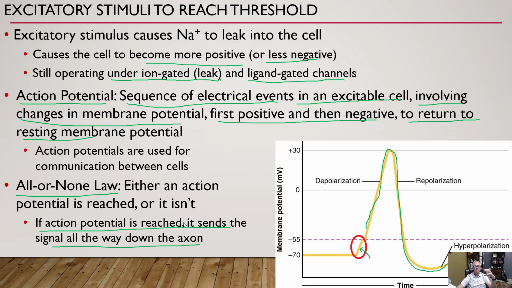Once we reach this magic number, it will trigger an action potential. There's no stopping it. All right. So right now, sodium is leaking into the cell, causing the cell to be more positive, or we could say less negative.